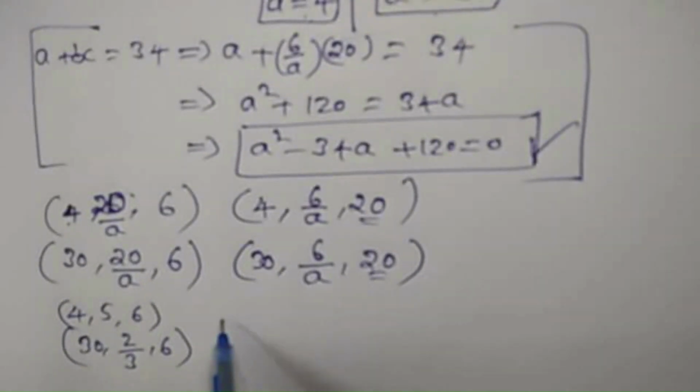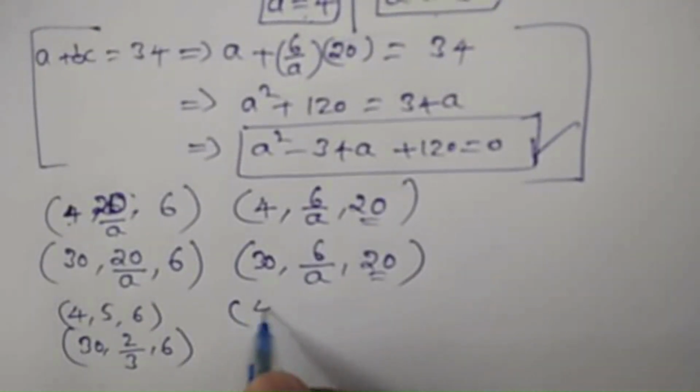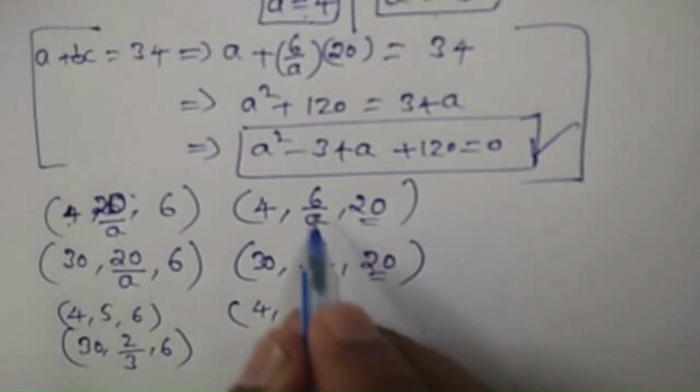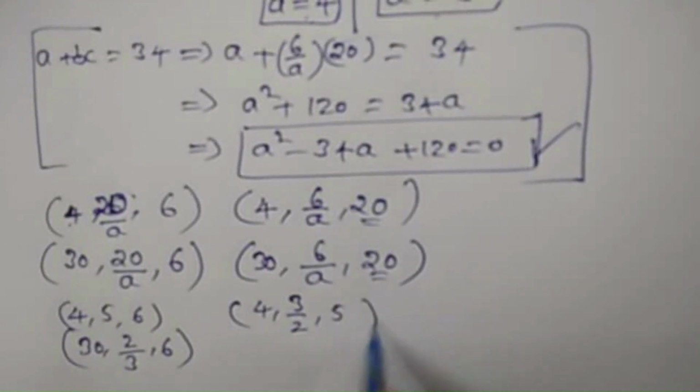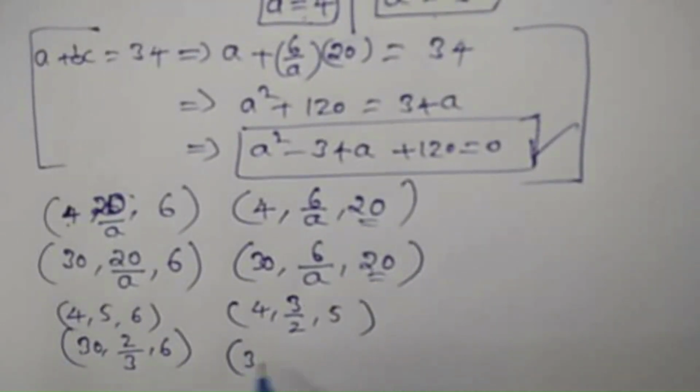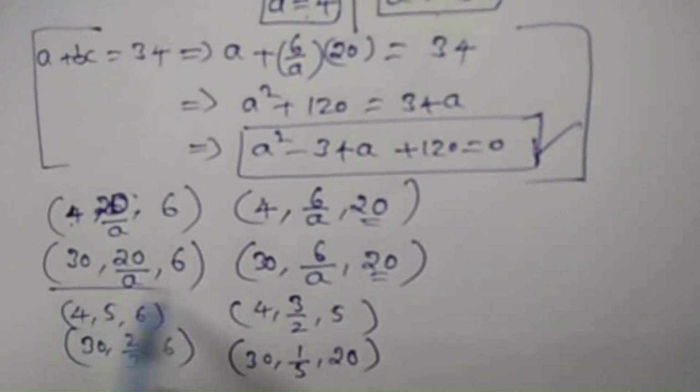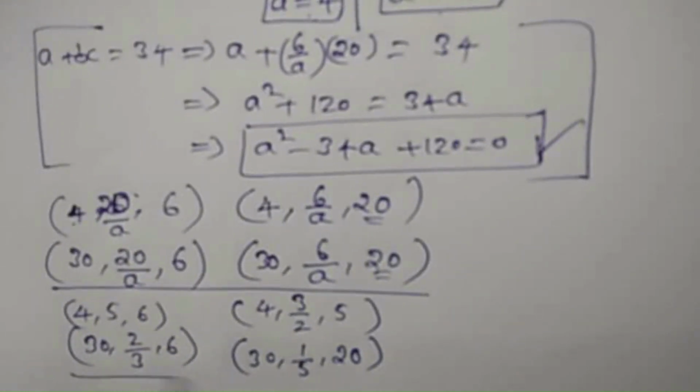Second combination, similarly, 4, 6 by 4 which is 3 by 2, 20 by 4 which is 5, and 30, 1 by 5, 20. These are the 4 combinations.